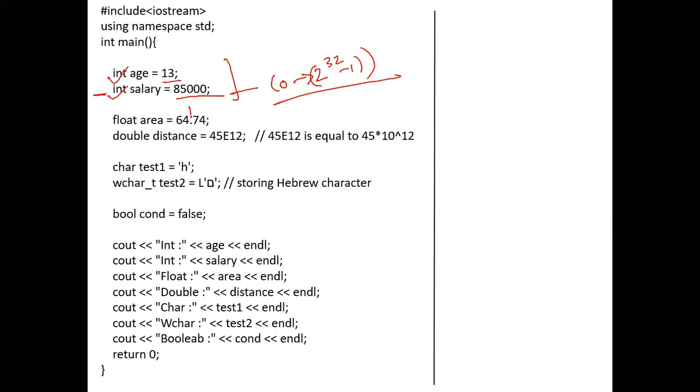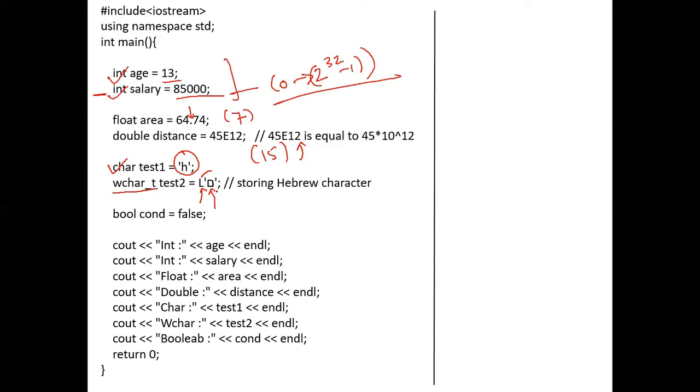Floating point, again we are going to use decimals, and the precision would be 7 significant digits after the decimal. Here we have double, and in double we have 15 significant precision digits. Character we are going to store like this. It is very simple. Here we have to append L before any character we are going to use, and this is the data type.